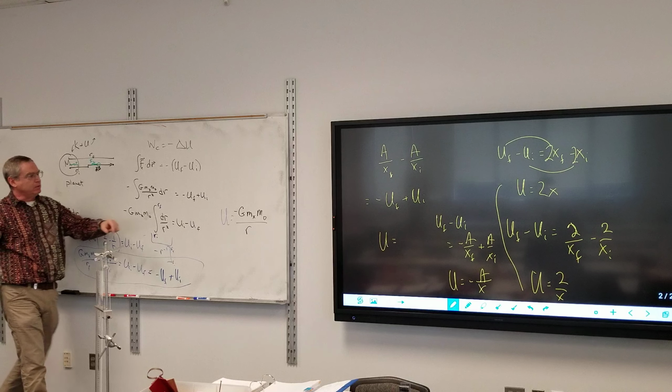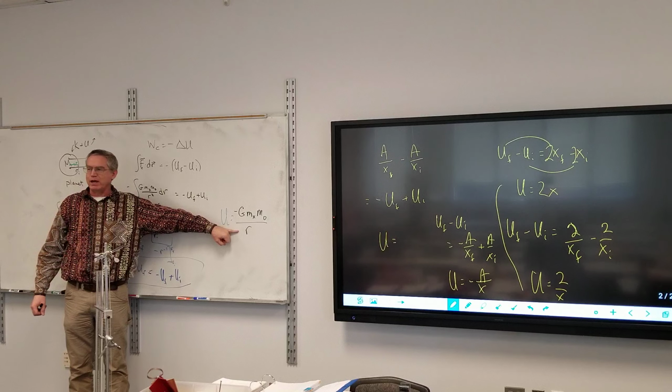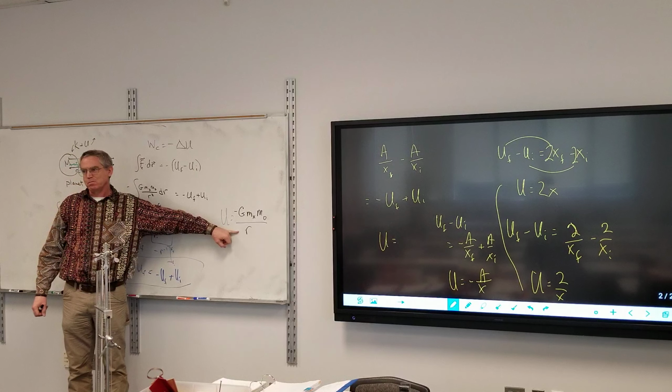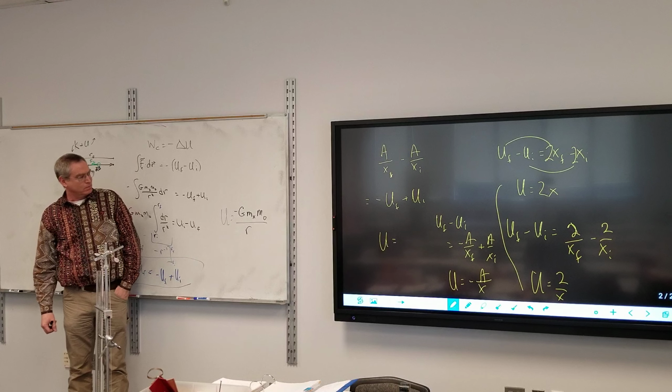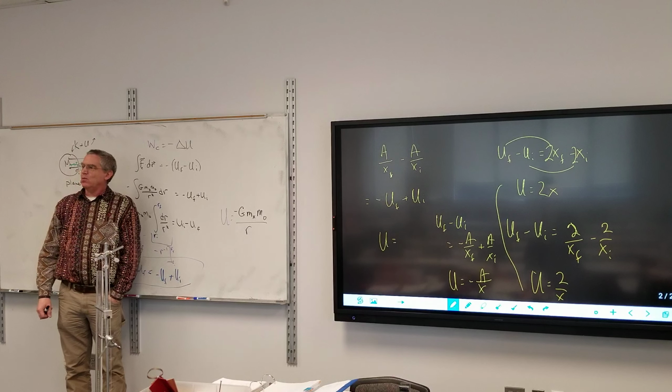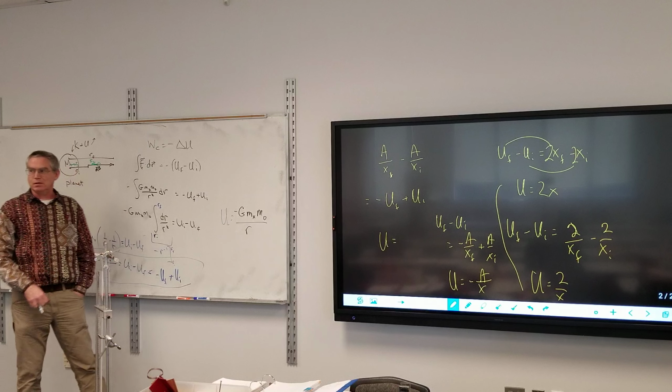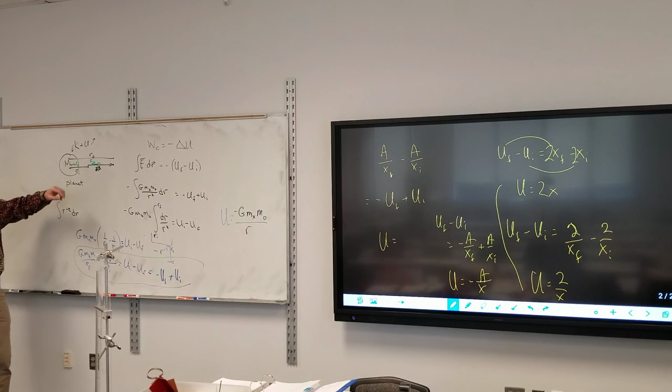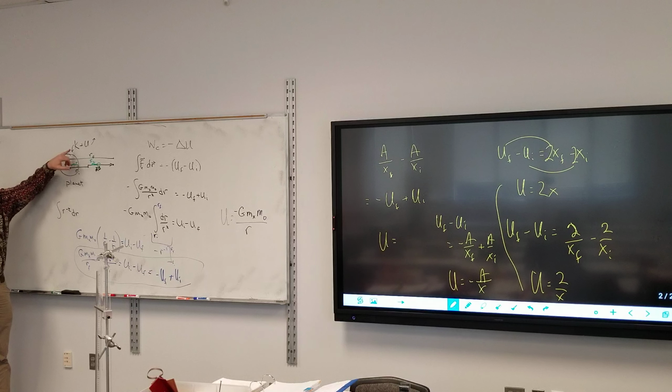Well, R is getting bigger. As R gets bigger here, what happens to U? It's smaller. Why? This is an inverse relationship. So it'll be divided by a larger and larger number. That is true. So you're saying this is all bunk, that physics is wrong, or I made a mistake somewhere. Because as kinetic energy drops, potential energy should be increasing.